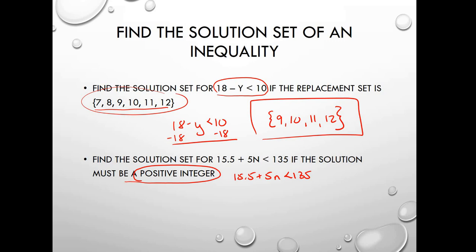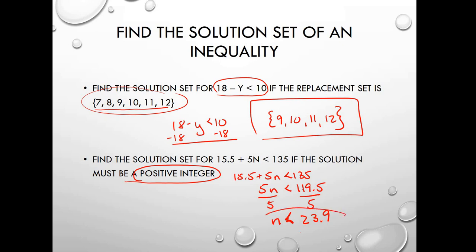My pen wasn't working. 5n is less than, subtracting 15.5, 119.5. And then we're going to divide both sides by 5. So n is less than, let's see, if I divide by 5, that's going to go into 11 twice. 23.9. If you need to do that off to the side, that's fine.